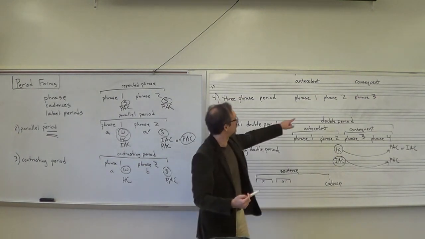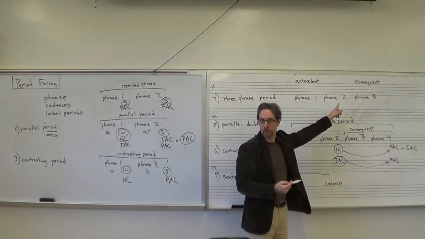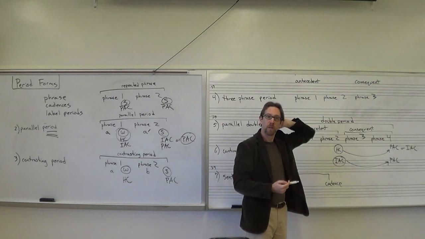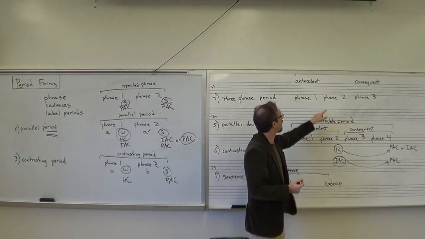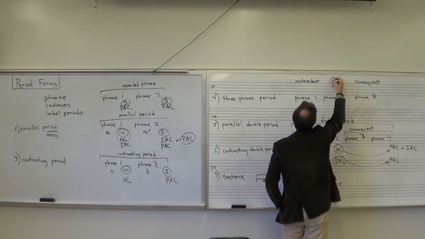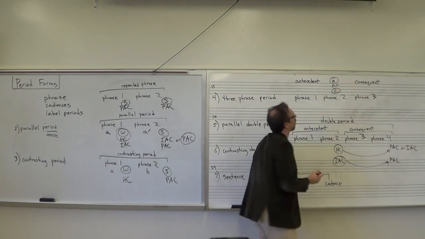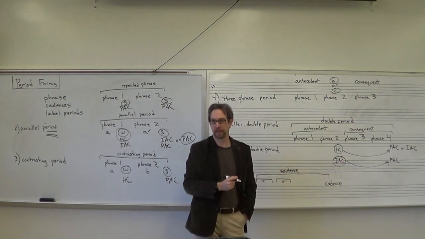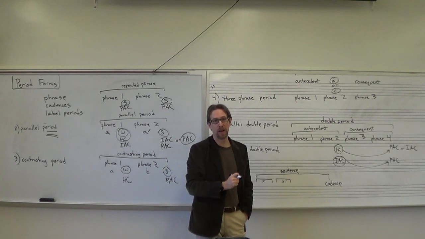And what's tricky is what happens with phrase 2. So phrase 2 could either be another antecedent phrase or another consequent phrase. The most common is where you have antecedent, consequent.